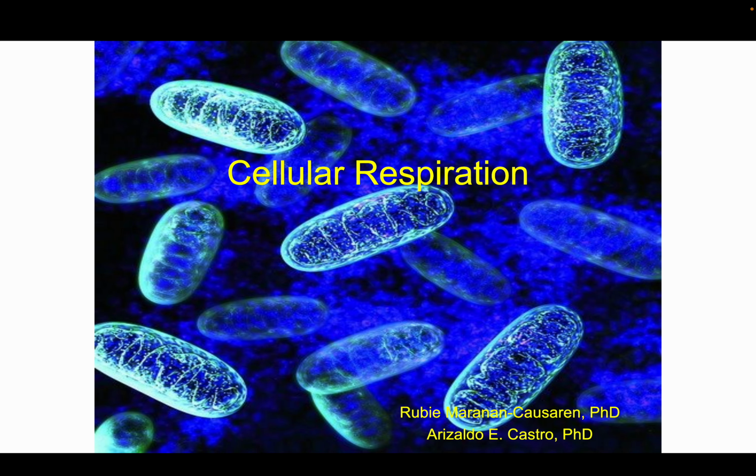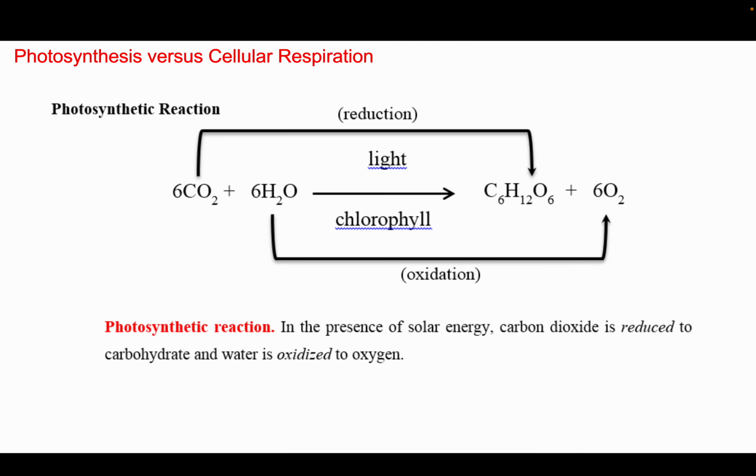Now, we'll look into several aspects first before we discuss the major metabolic mechanisms known to happen in animal cells for ATP, for energy, to be produced. So let's first compare and contrast cellular respiration with photosynthesis.